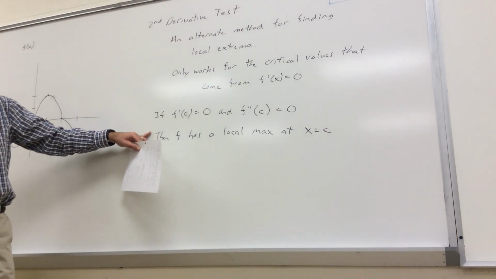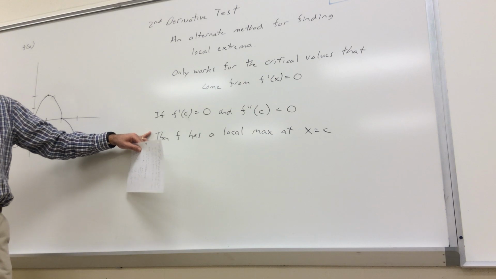If f prime is 0 and f double prime is less than 0, then f has a local max.